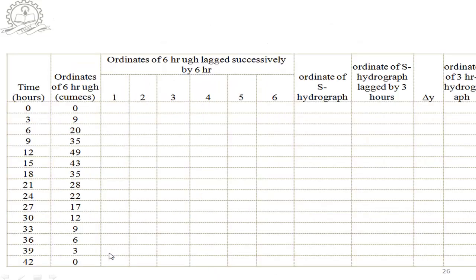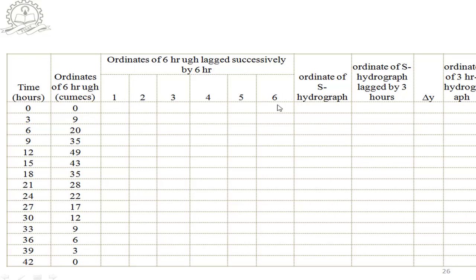Consider these are the data given, and up to 36 hours we have to lag, and the unit duration of the hydrograph is 6 hours. So the number of lags to be provided is 36 divided by 6, which is 6.